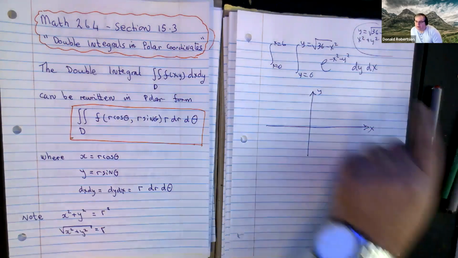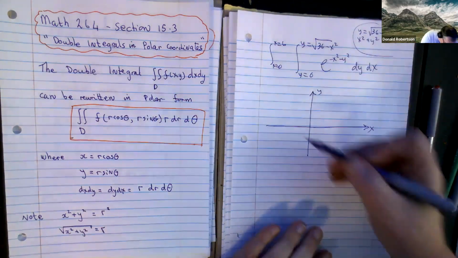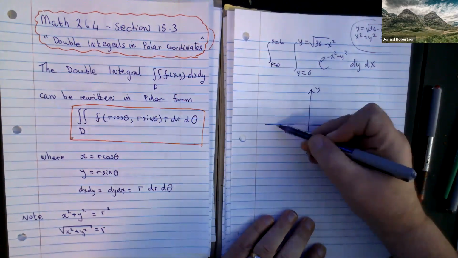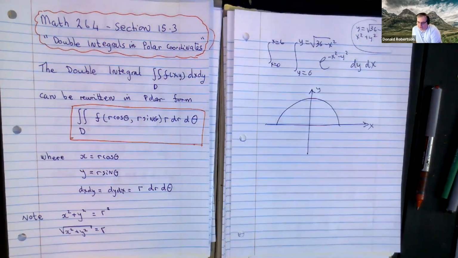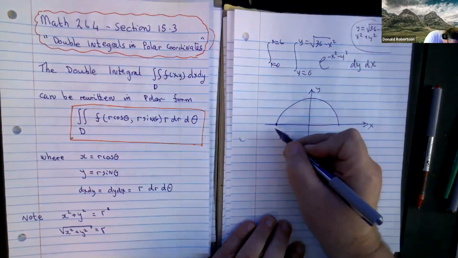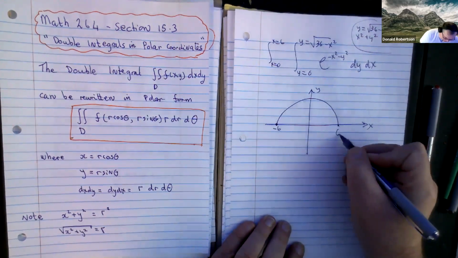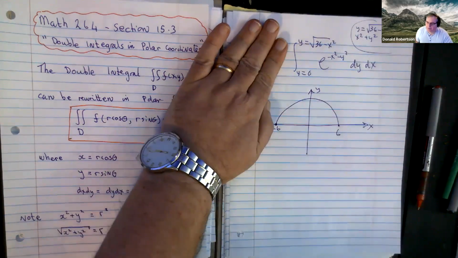Great. Now, it's a positive square root. So you're telling me that y has to be positive, and that makes it only that half of the circle. And that circle goes from -6 to 6. So if that's the only thing you told me, that would be my shape.